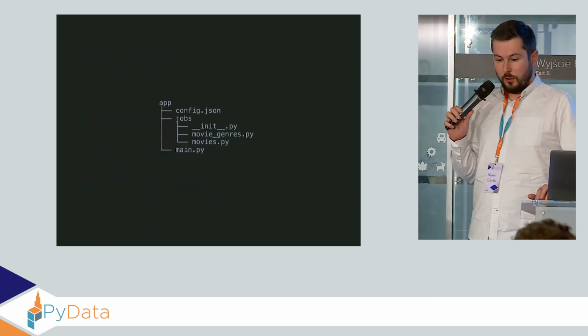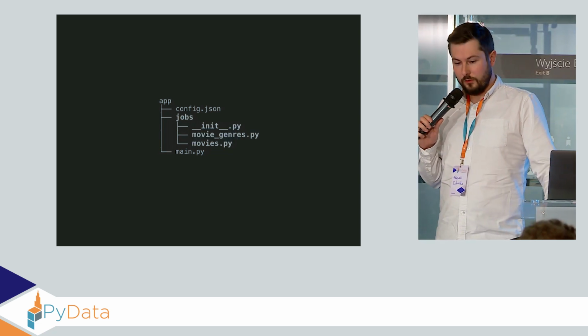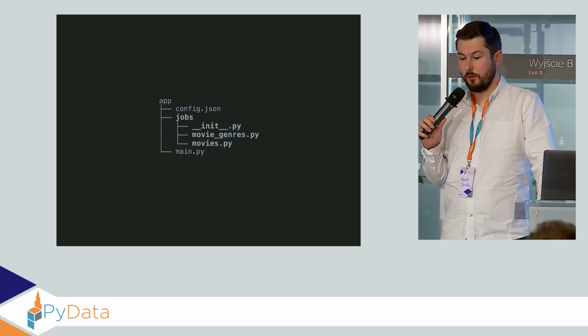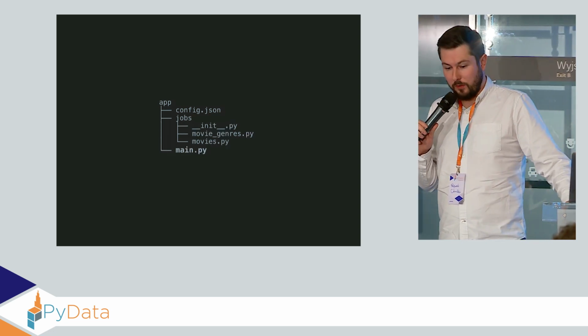So now here's how our structure looks. We have a new jobs package, a jobs directory in our app, which contains our jobs, and we also have the main file.